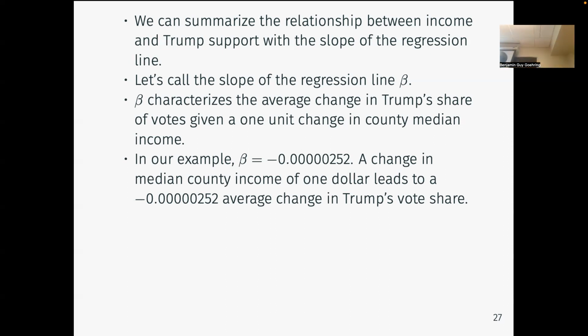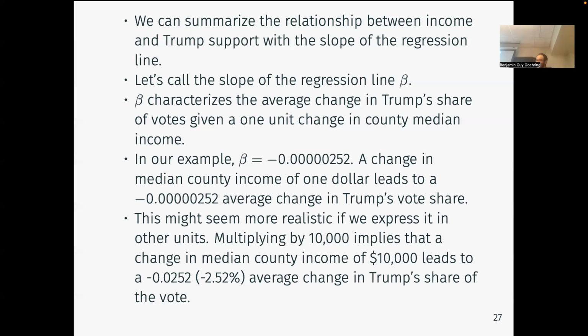As you might expect, that number is super, super small. But that's also because our unit is $1, right? So this doesn't seem like much of anything. But remember, again, our units right now are $1.